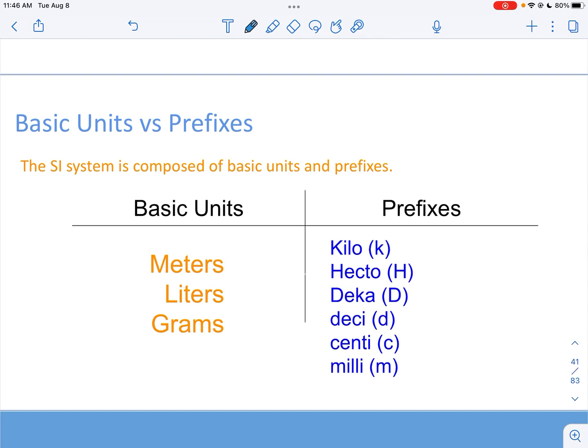Milliliters versus a 3-liter bottle. We know that a liter is the big thing, and then a milliliter is small. And when we put kilo in front of something, that makes it sound bigger. So as we go up in our prefixes, we're increasing in amount, the amount that we have.